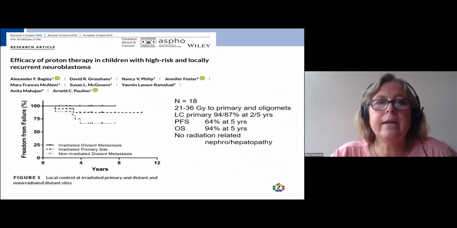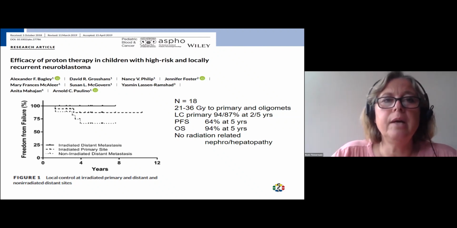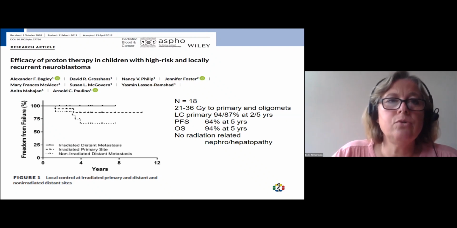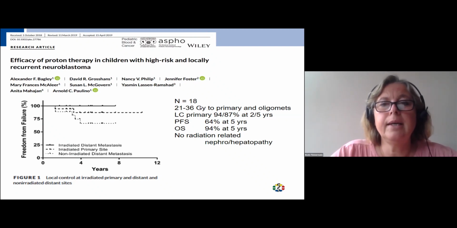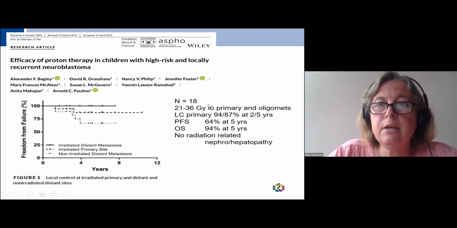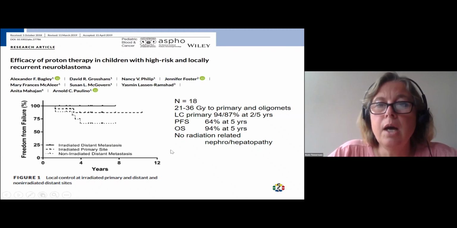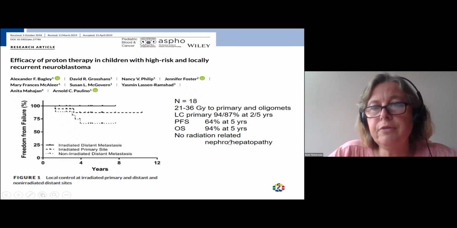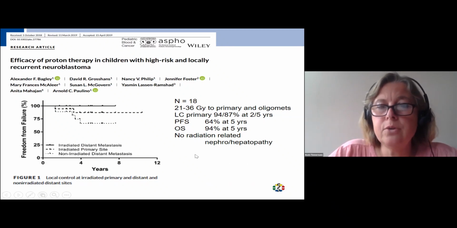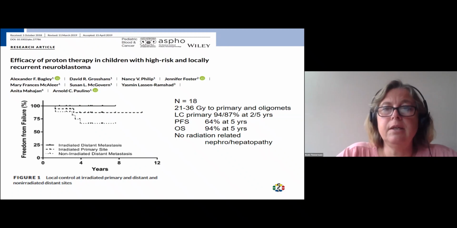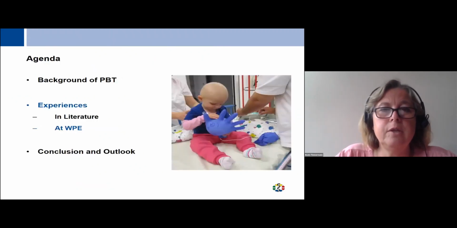Here, I would also like to highlight that proton beam therapy was not only used for primary neuroblastomas, but also for recurrent neuroblastoma, again displaying nice local control rates even after recurrences, and also was shown to be very feasible with no radiation-related nephro or hepatopathy after treatment.